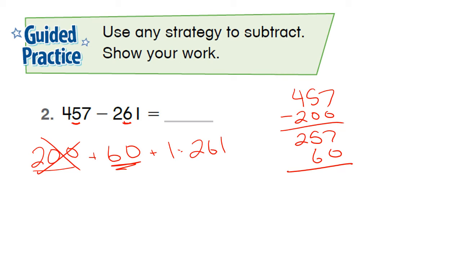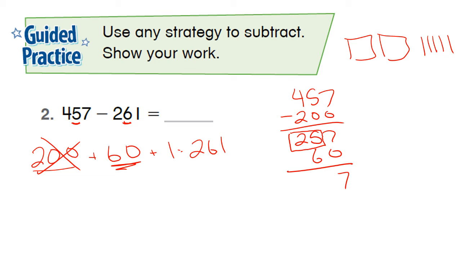So 257, I'm only looking at this part here, 250, because 7 minus 0 is 7, so I don't have to worry about that. So 250, I have 2 flats and 5 rods, 2 hundreds and 5 tens. I need to take away 6 tens.